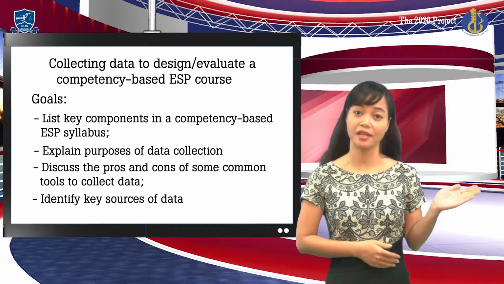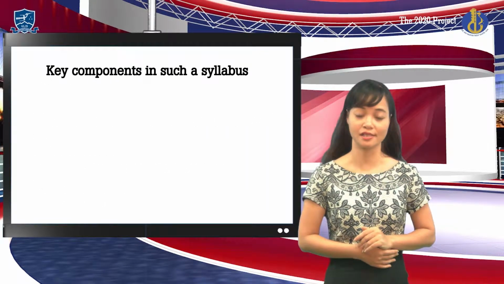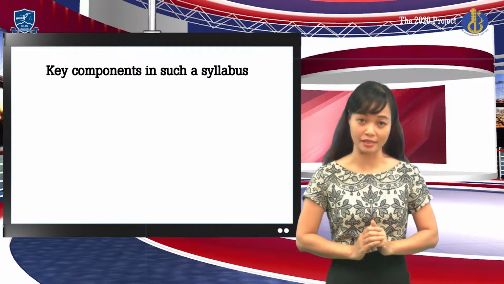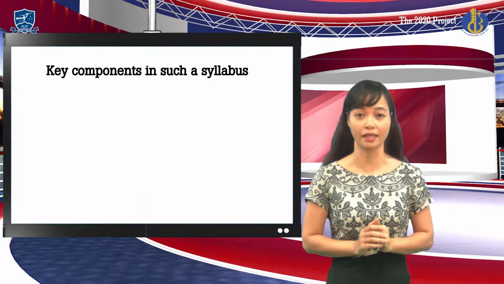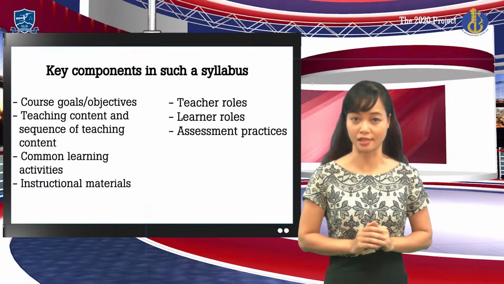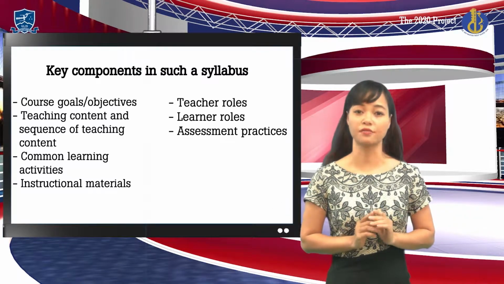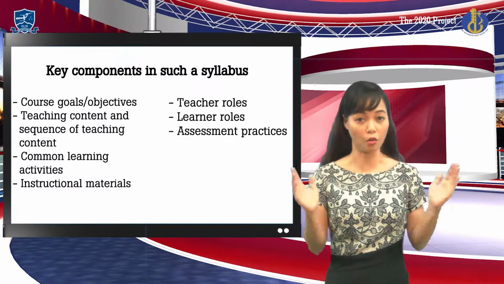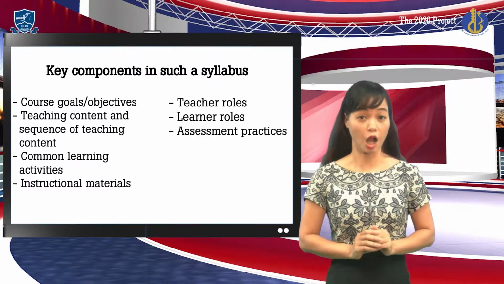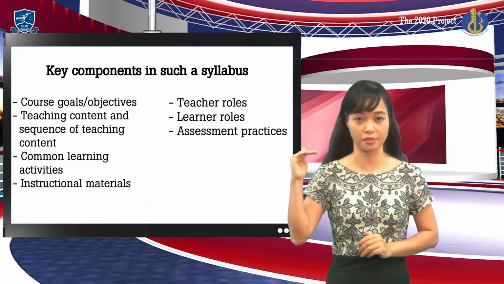In the previous mini lecture, we have learned that course designers in a competency-based ESP course often combine learners' needs and characteristics of target language tasks to build up a set of language competencies. These competencies, in turn, are used to define general objectives for the whole course and learning goals for each teaching unit. These competencies also work as building blocks of the syllabus.